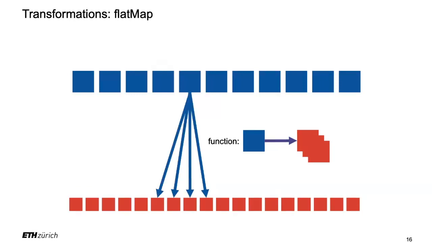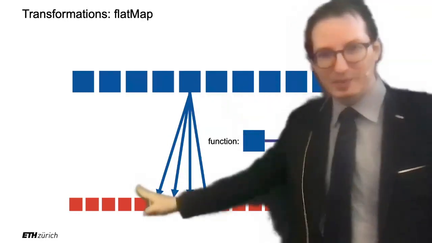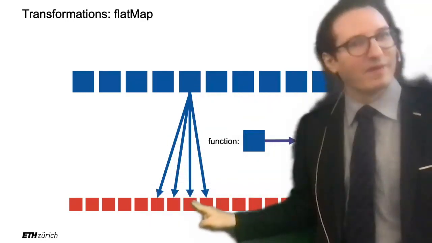This here is the flat map transformation. This one you already saw in the example. Flat map takes a value from the input RDD and turns it into 0, 1, or more output values, right? So for example, on the drawing, you have this specific input value right here that is mapped onto these 4 right here.